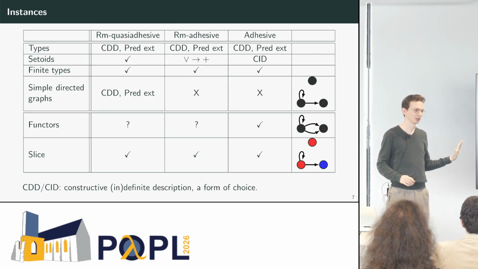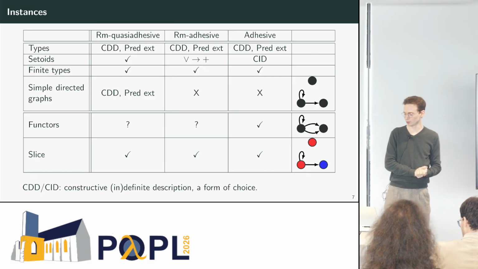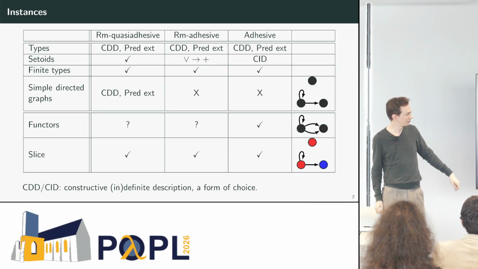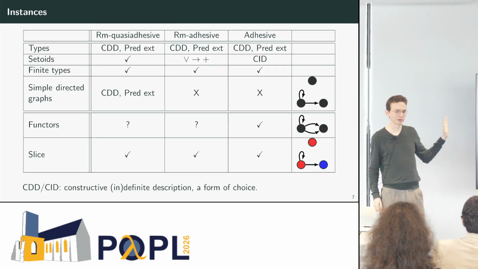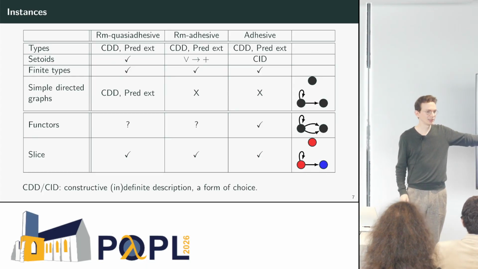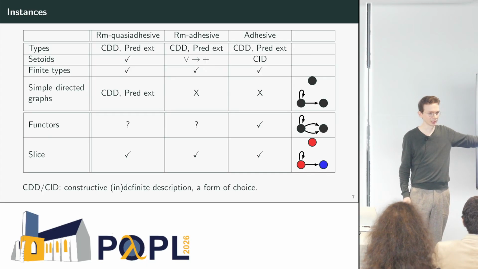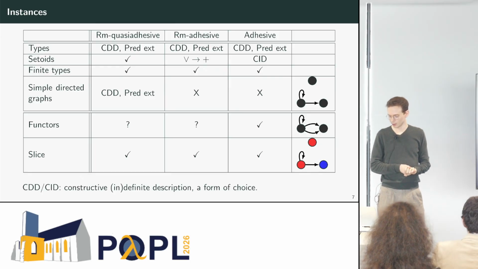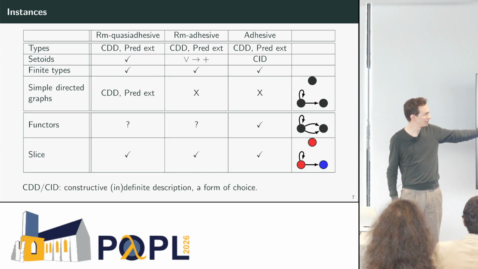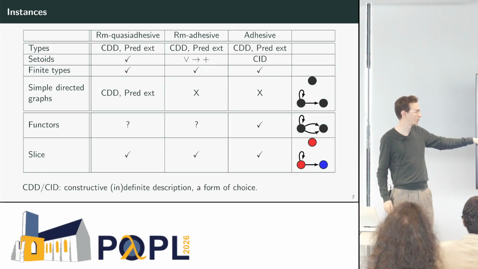Now we also have constructions to define more instances. So a category of functors from category C to a category D is adhesive if D is adhesive, without any axioms. We have no proofs for the case where D is RM adhesive or D is RM quasi-adhesive.